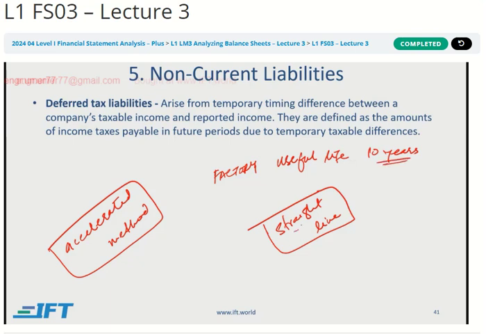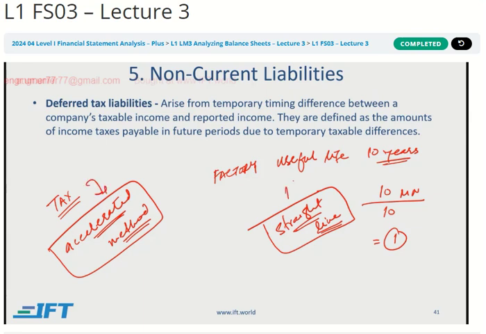You can either allocate that useful life equally across 10 years. So let's say the factory equipment is worth 10 million. You can divide it by 10 years and equally record depreciation of 1 million every year. Or you can go for an accelerated method where you do more depreciation in the earlier years and less depreciation in the later years. The government, as far as tax is concerned, allows the accelerated method.